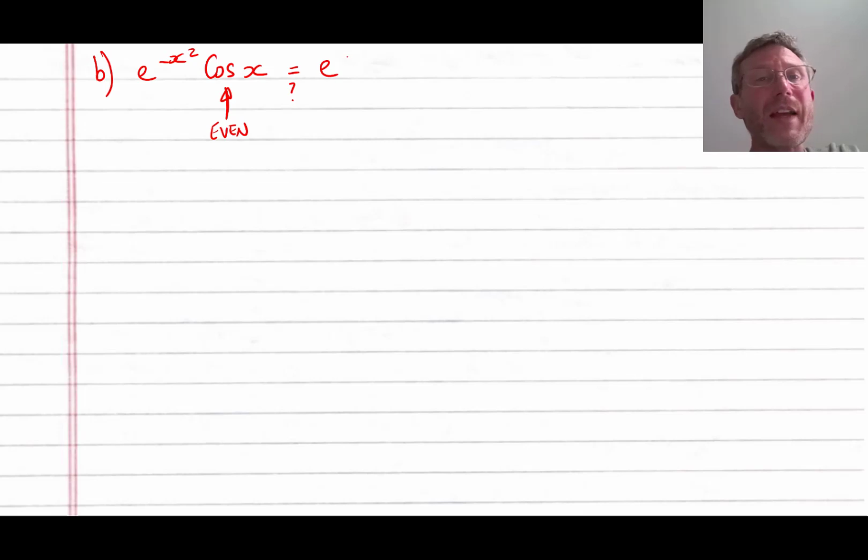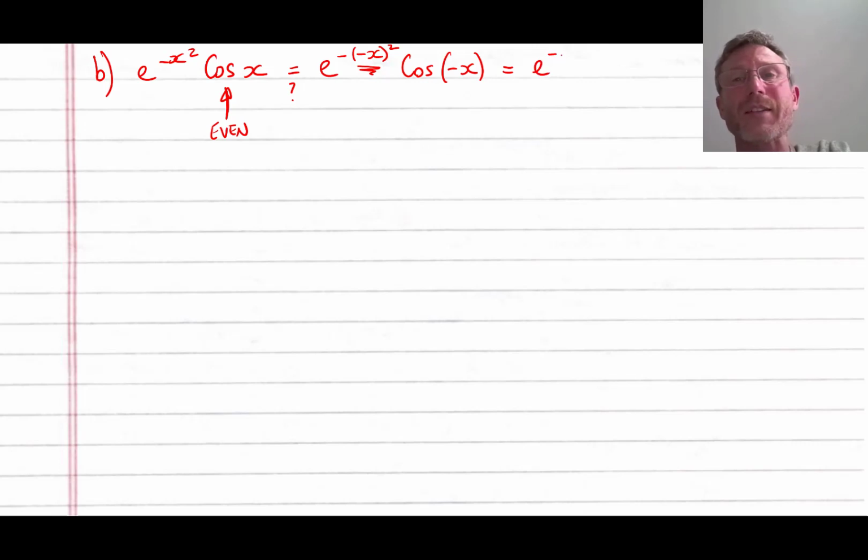We end up with e to the minus, and we're plugging minus x in here, remember, that's minus x squared, multiplied now by cosine of minus x. When we put the minus x in here and square it, we get x squared. So we end up with e to the minus x squared.